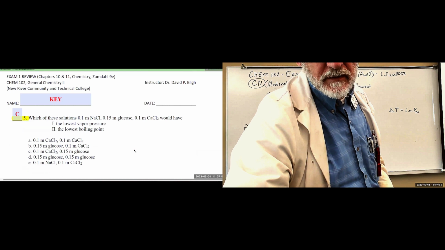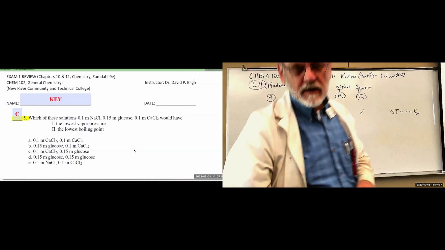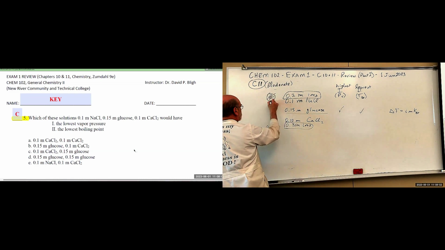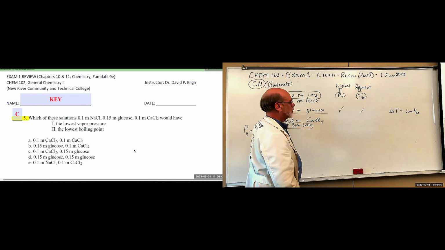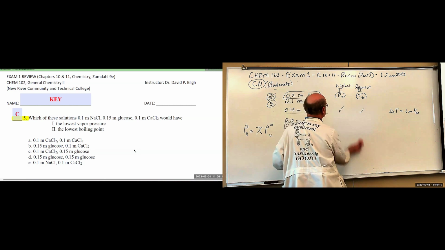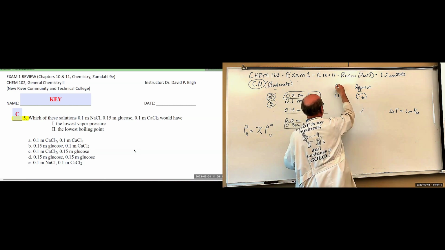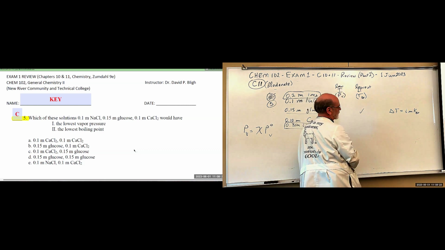We're going to need the same thing for this one. For 5, do we have the same situation? 0.1 molal, 0.15 molal, excuse me, 0.1 molal. Yes. Okay, so in this case, we're looking for the lowest vapor pressure and lowest boiling point.